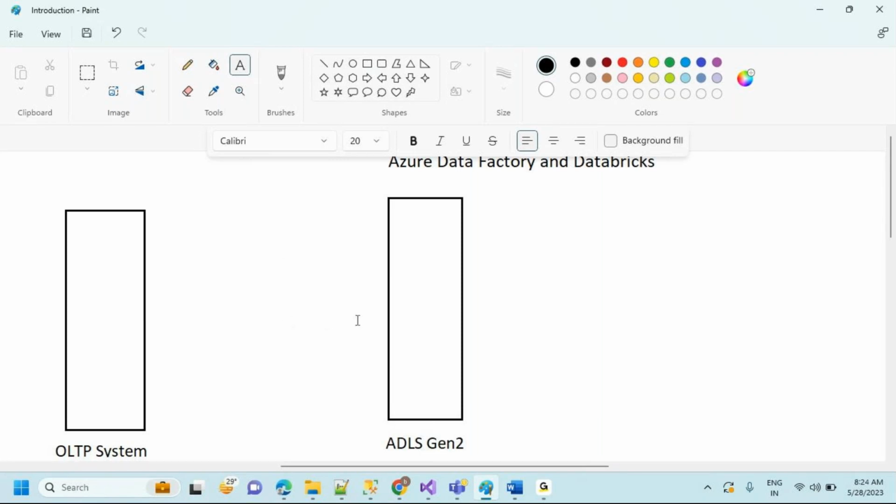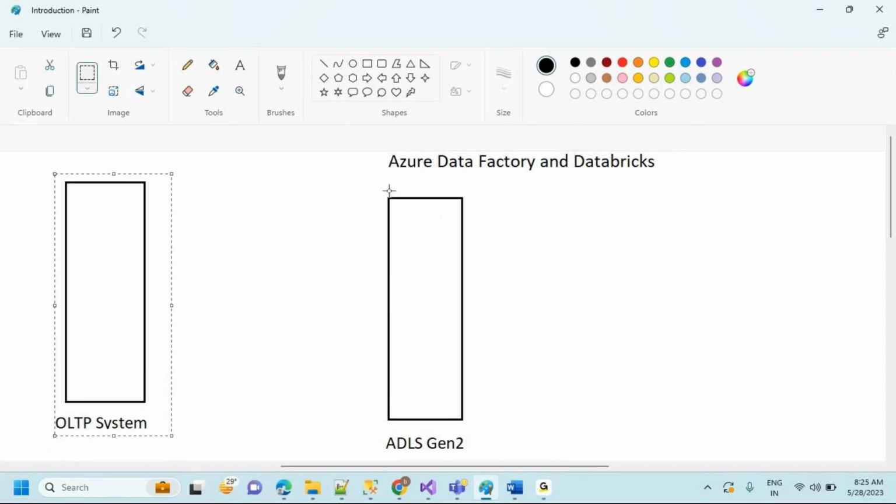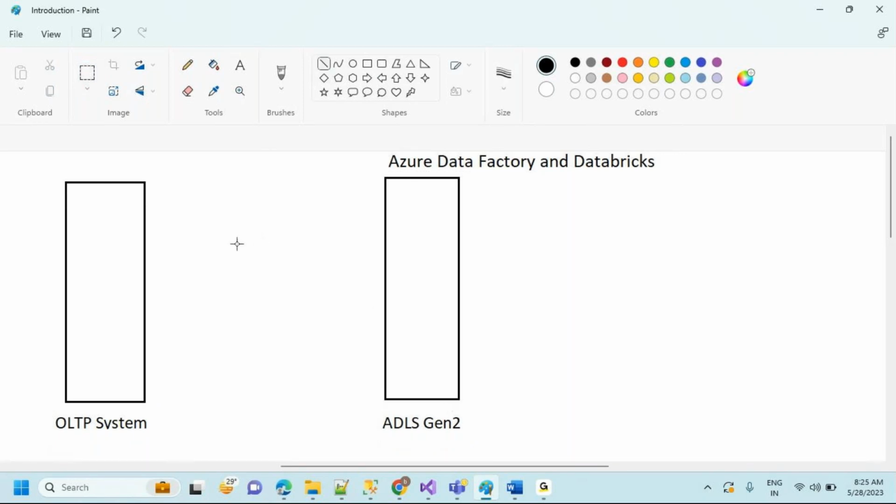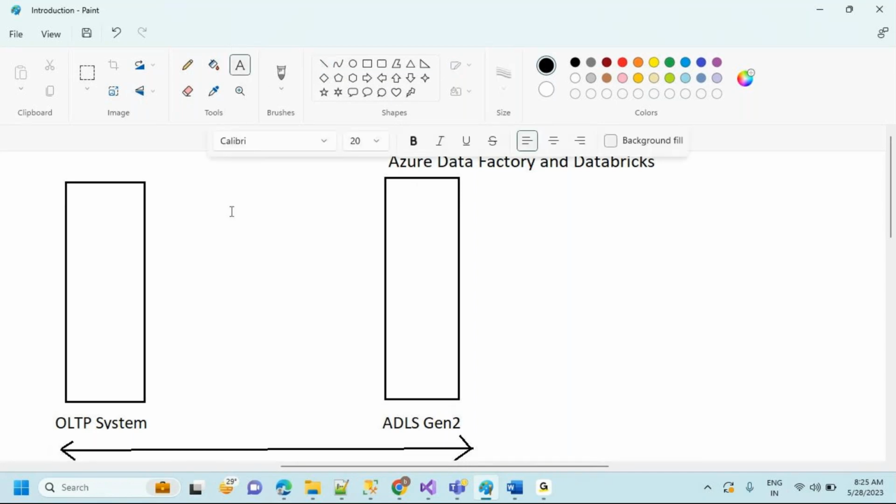The process of taking data from these systems, this entire process, is called data ingestion. I mean I'm going to ingest the data from the business systems into Azure Data Lake Storage Gen 2.